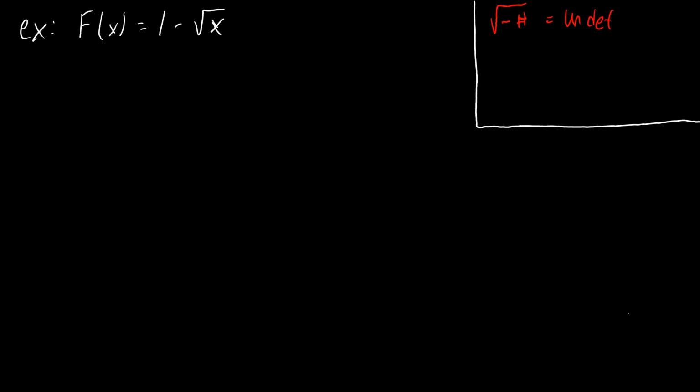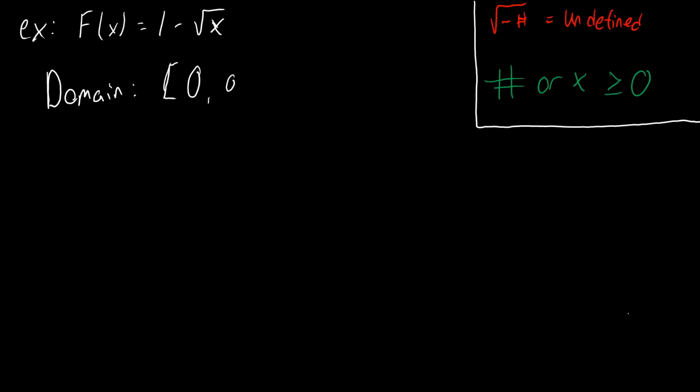And remember, to be a function, it needs to be defined at all points. So we want x to be greater than or equal to 0. Okay, so that makes our domain pretty easy. The domain is going to be 0 to infinity, and this is a square bracket, right?